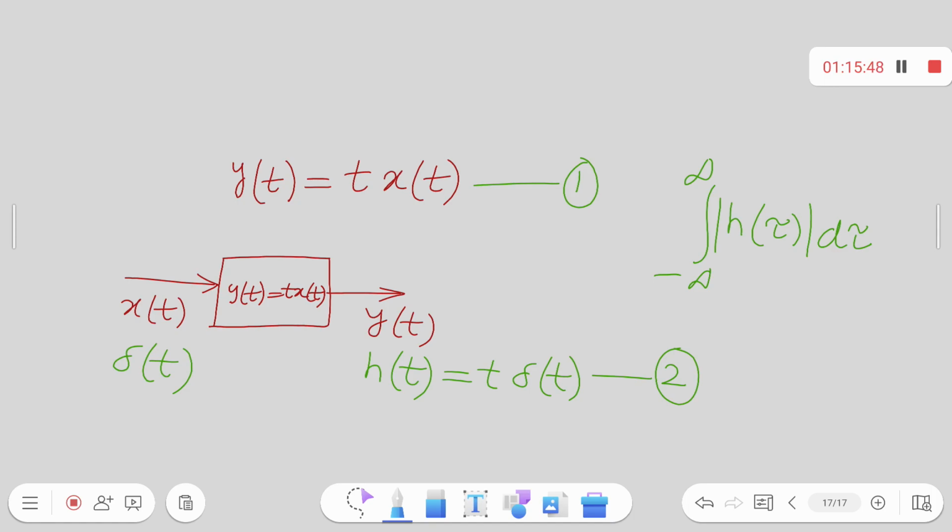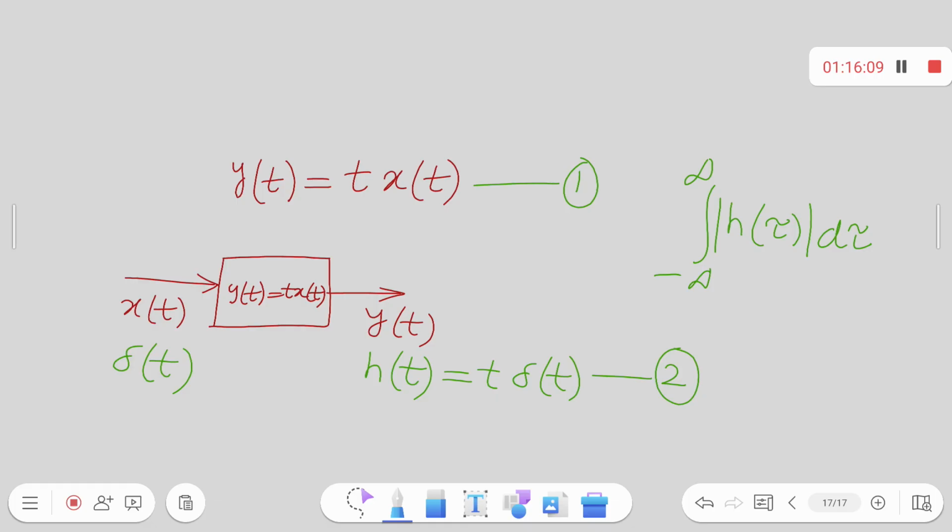If you have a time variant or nonlinear system, that is, a non-LTI system, then just by finding h(t) or h[n] and checking absolute summability and absolute integrability, you cannot decide whether the system is stable or not.